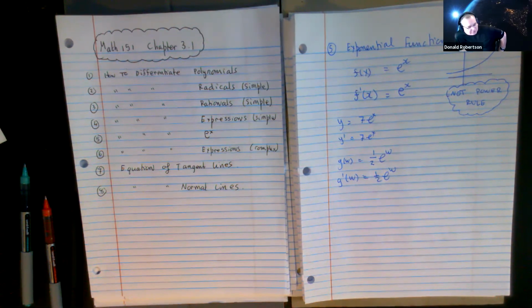So I just told you that the derivative was e to the x. I'm going to do a pseudo proof to prove to you why it is e to the x. You don't need to know this for a test, but it might just make you feel better, because a lot of people don't like magic.